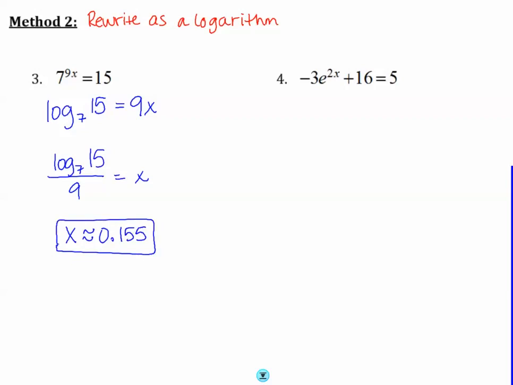For number 4, we need to do a little bit of work before we can switch it to be a logarithm. We need to isolate the exponential part of the equation. So I'm trying to get e to the 2x by itself. So first I want to subtract 16 from both sides. Then I want to divide both sides by -3.